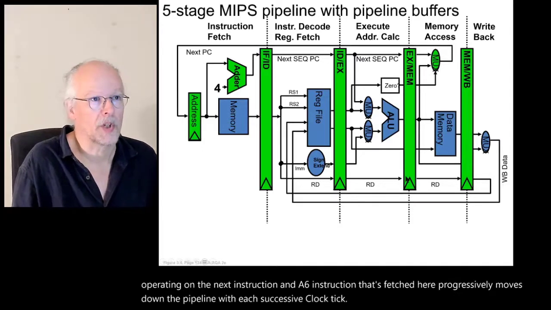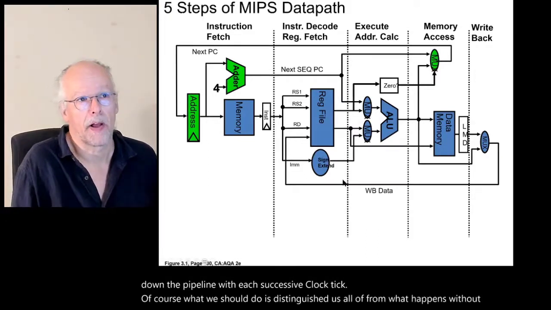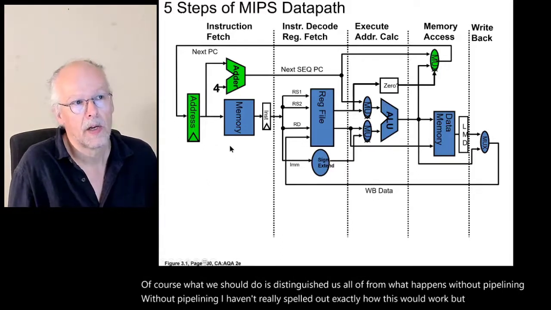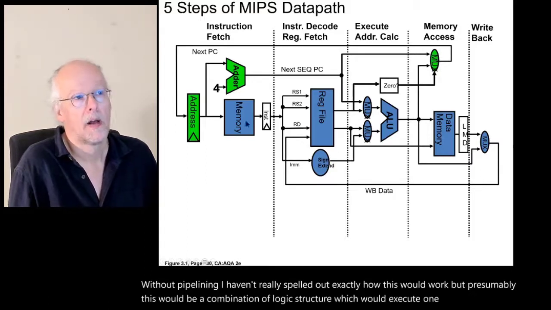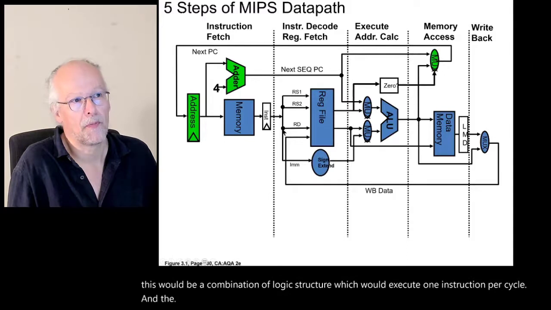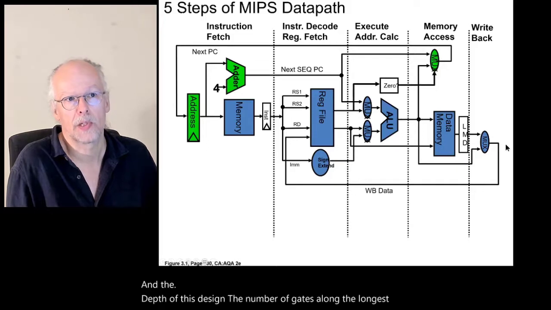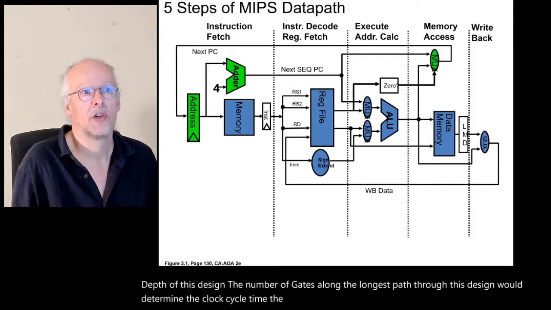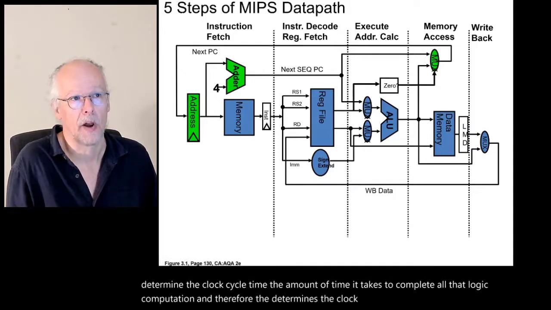Of course, what we should do is distinguish all of that from what happens without pipelining. Without pipelining, well, I haven't really spelled out exactly how this would work, but presumably this would be a combinational logic structure which would execute one instruction per cycle, and the depth of this design, the number of gates along the longest path through this design, would determine the clock cycle time, the amount of time it takes to complete all that logic computation, and therefore determines the clock rate at which the processor can run.